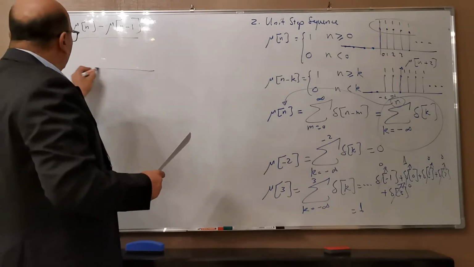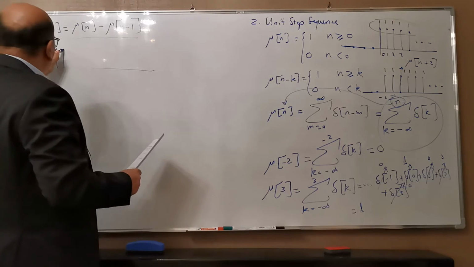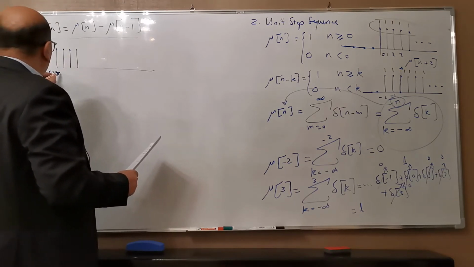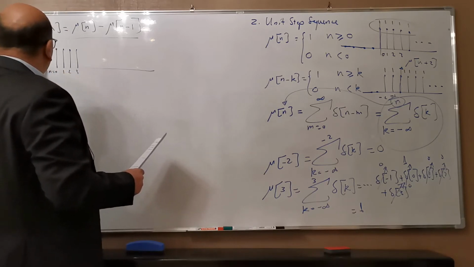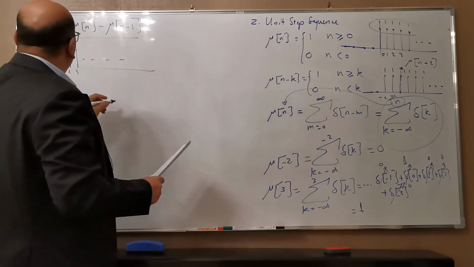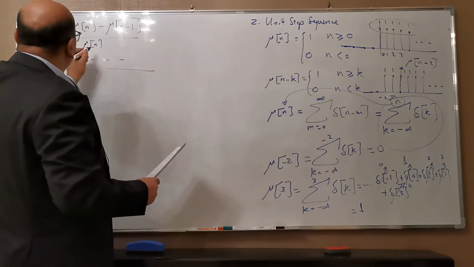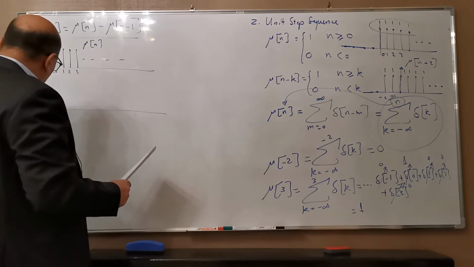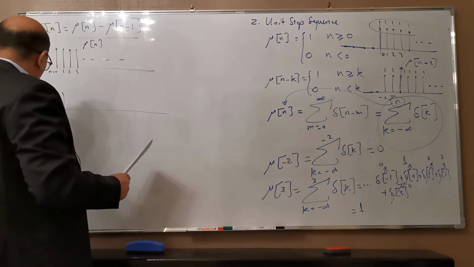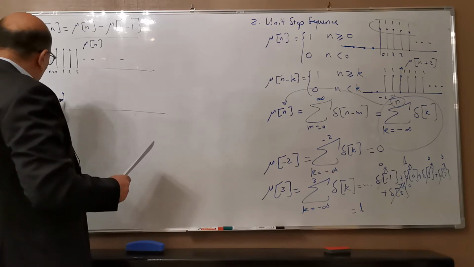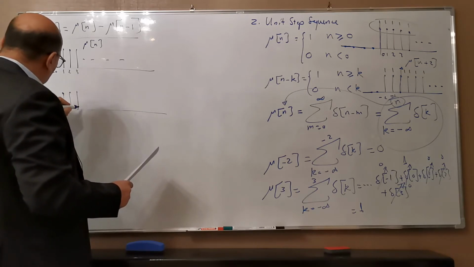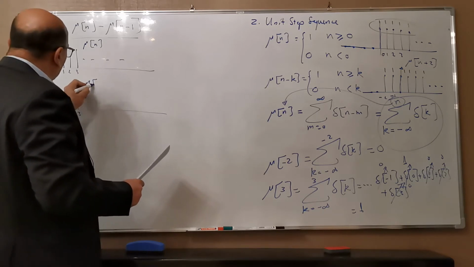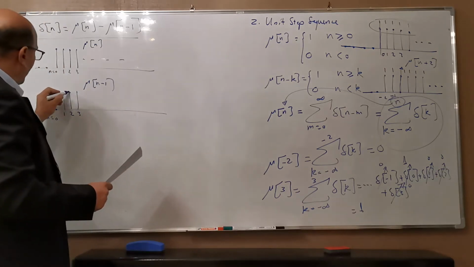If you draw mu of n, it is 1 starting from n equals 0. So this is n equals 0, 1, 2, 3, and so on, and those are zeros. This is mu of n. If you draw mu of n minus 1, it is shifted by 1 to the right.